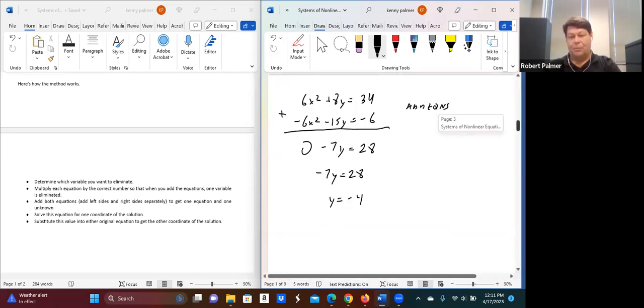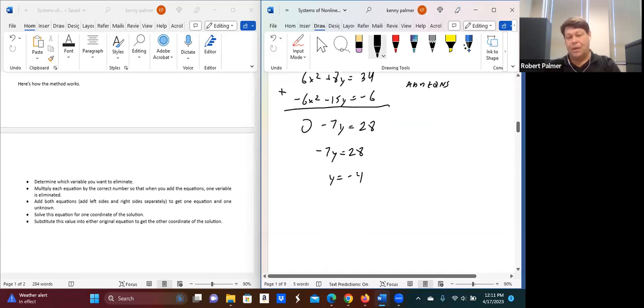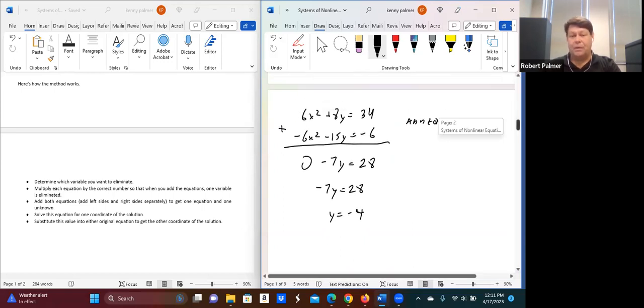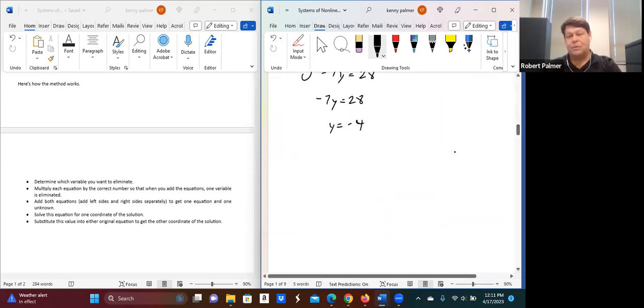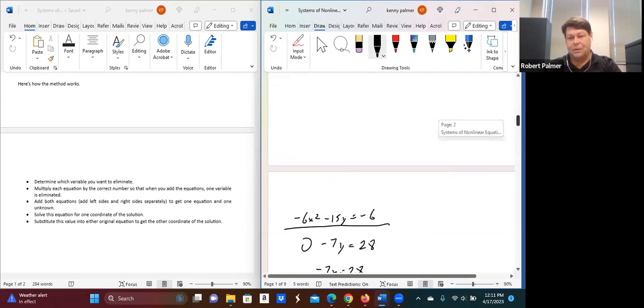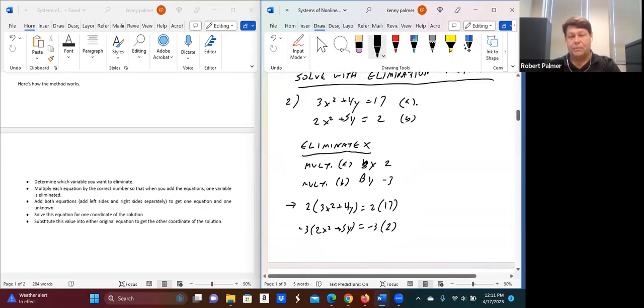Okay, now we have one of our solutions. And then once again, like we did in the substitution method, plug this back into either original equation, it doesn't matter, to find x. So I'll plug into the first one.